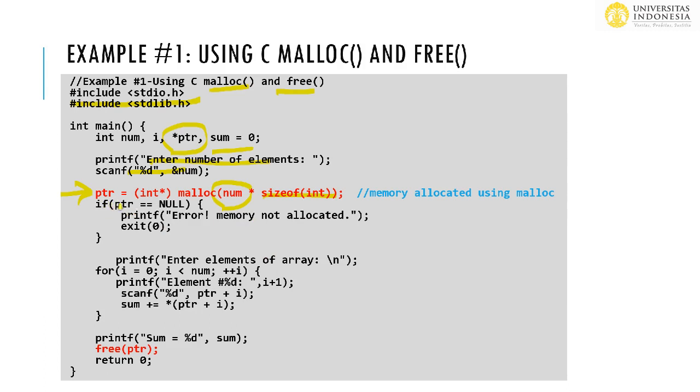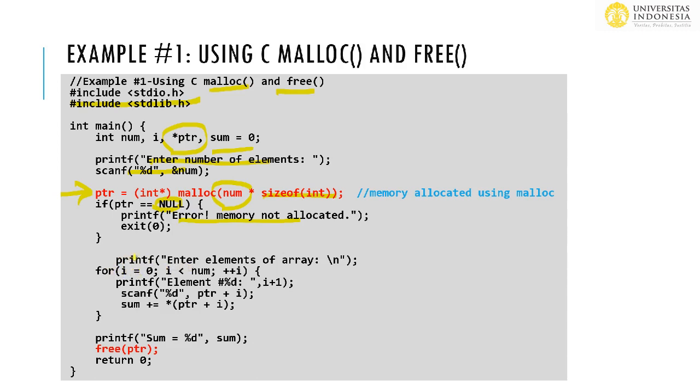If the pointer is null, meaning there is no space available to allocate, then print an error message, for example, memory not allocated, or lack of memory.